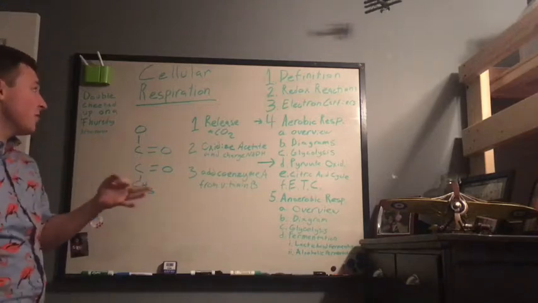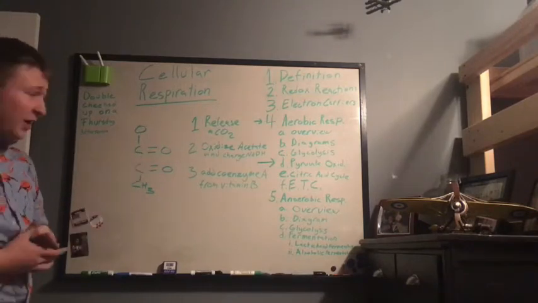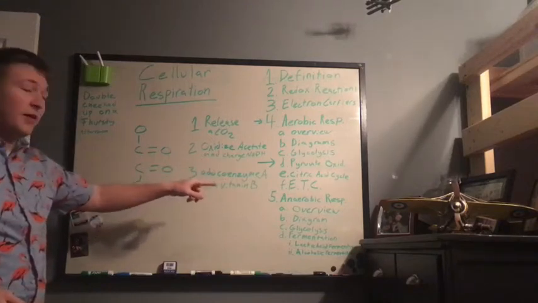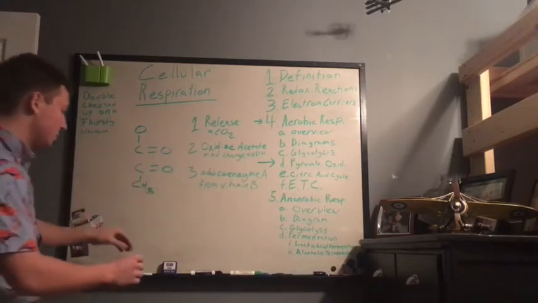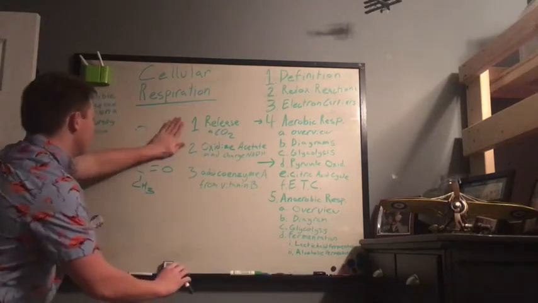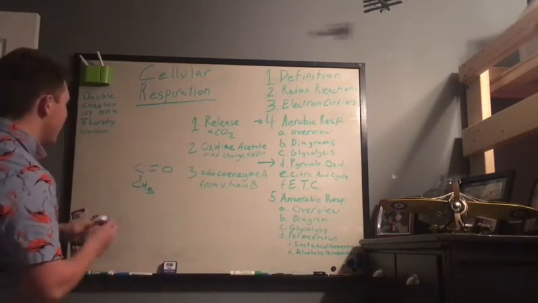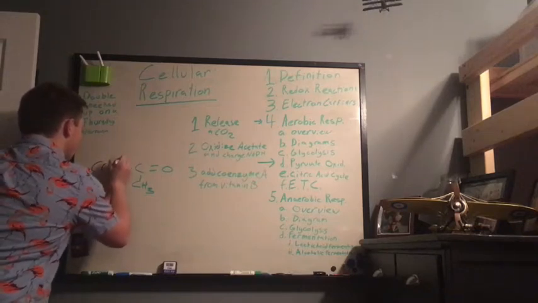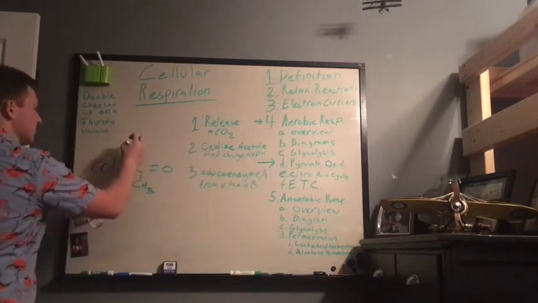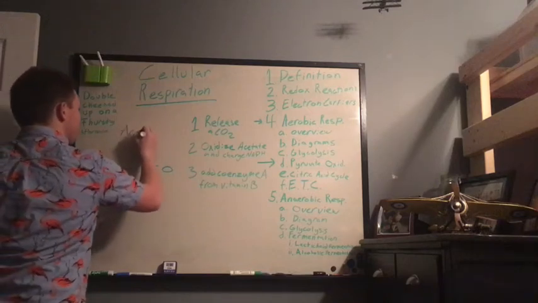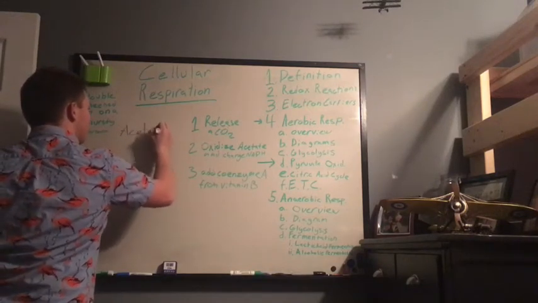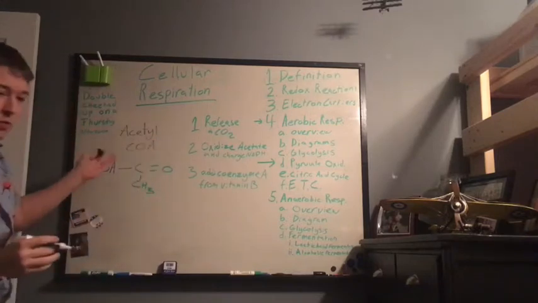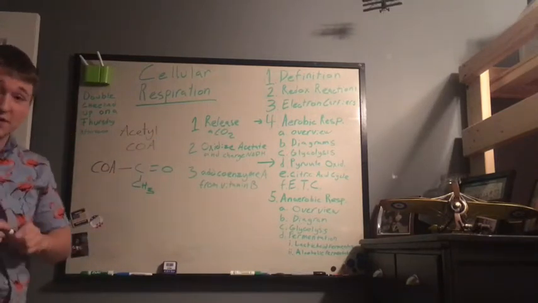And then the third step of pyruvate oxidation is the addition of coenzyme A from vitamin B. So this is gone, and we add a CoA, and now this is acetyl-CoA. And that's what we use to go into the citric acid cycle.